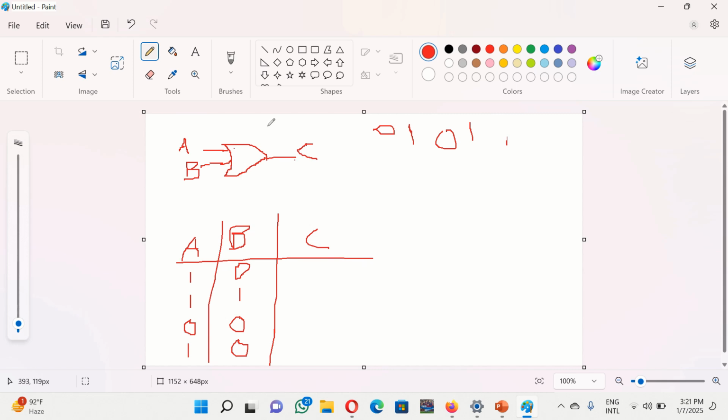Now, the definition is that if one of them is positive, we will have a positive answer here. If both of them are positives, we will still have a positive answer here. So it means that the OR gate can still function as an AND gate.